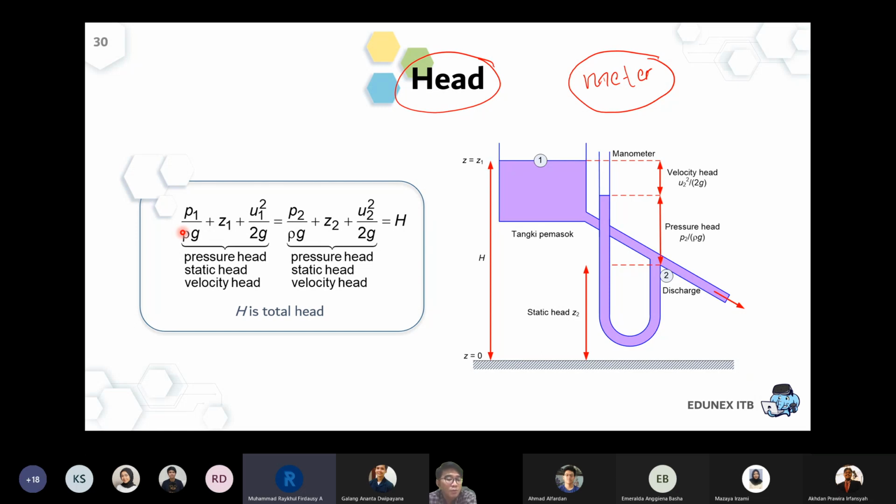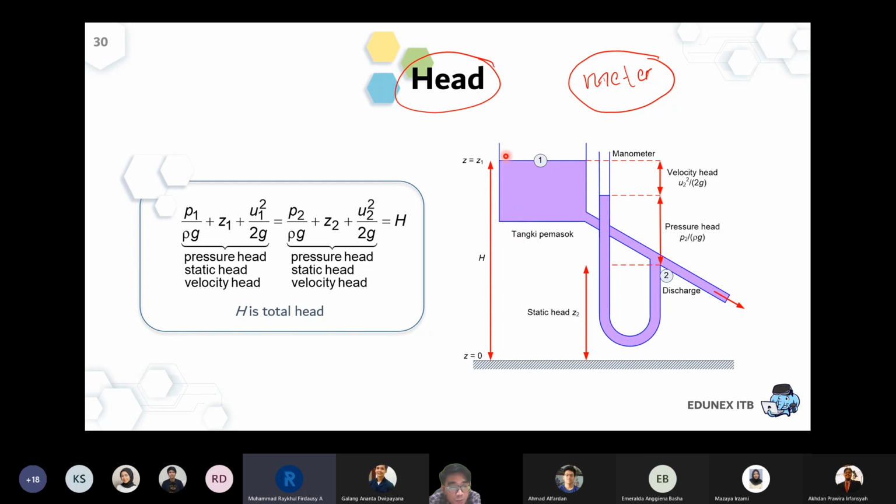Okay. So now we want to use the principle of the Bernoulli equation to analyze this arrangement. You have one big tank at point 1. You can consider the tank is quite big.